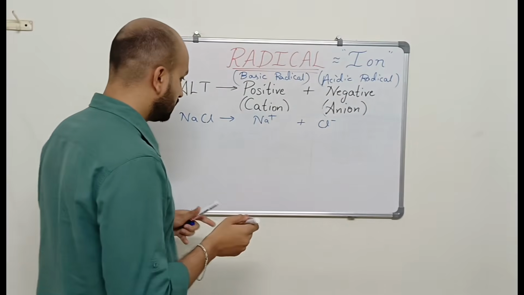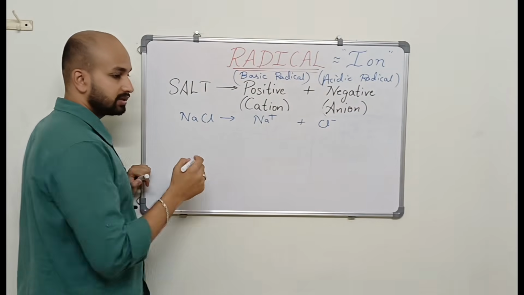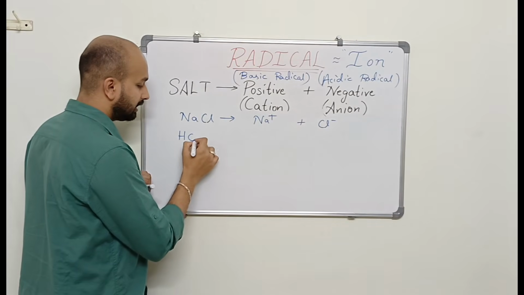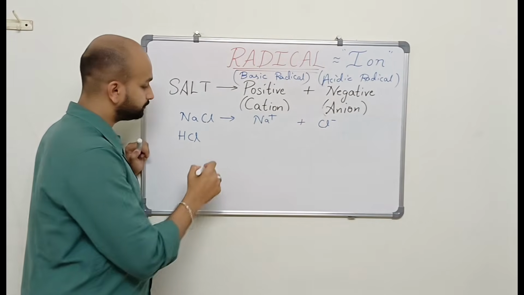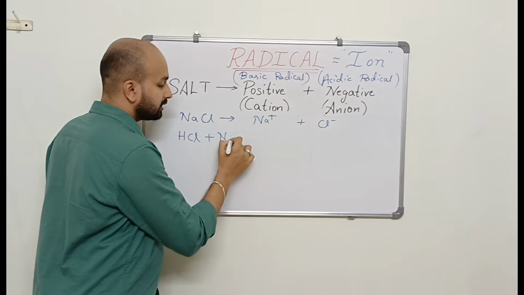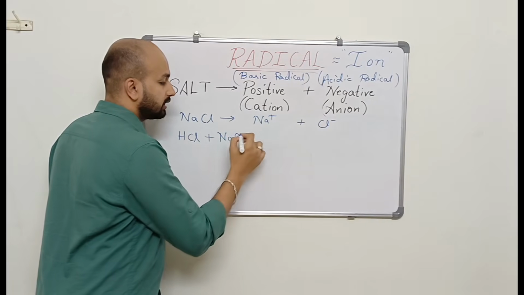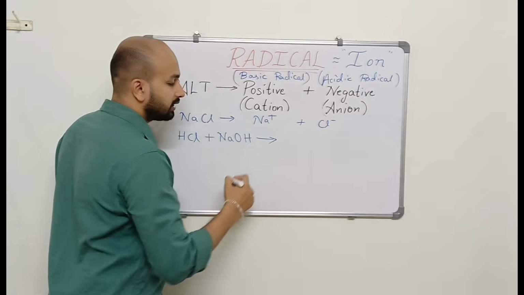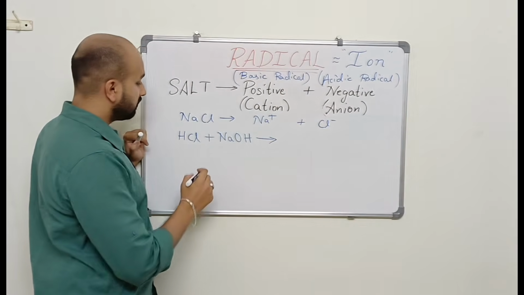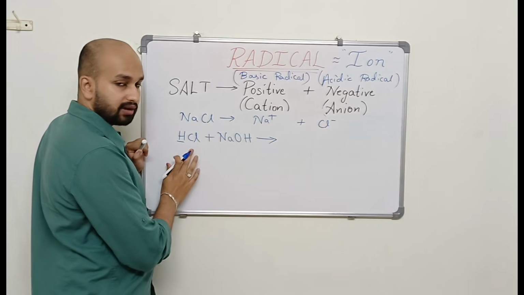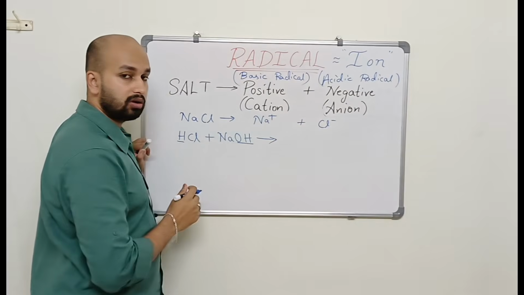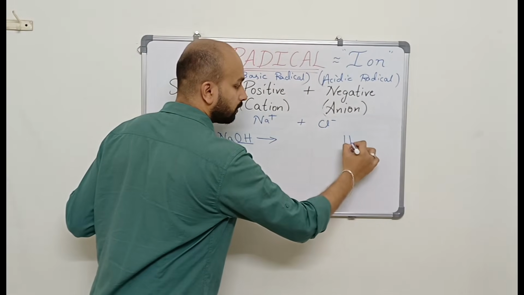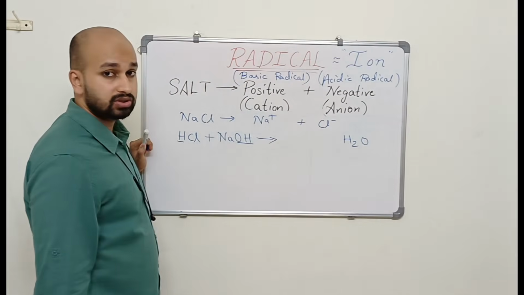For example, you must be familiar with this, that is a neutralization reaction. When I take an acid like HCl, hydrochloric acid, I react it with a base, let's say sodium hydroxide. Now these two will undergo a neutralization reaction, wherein hydrogen of an acid and OH of a base will react with each other to form water, H2O.